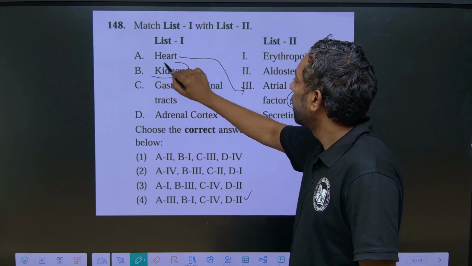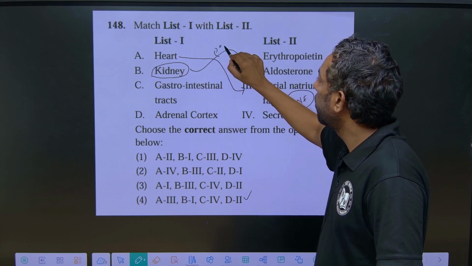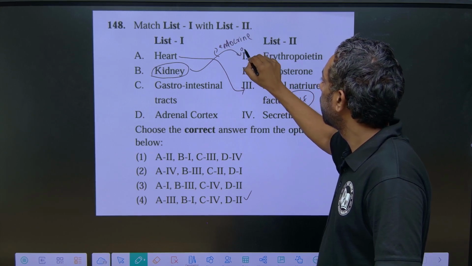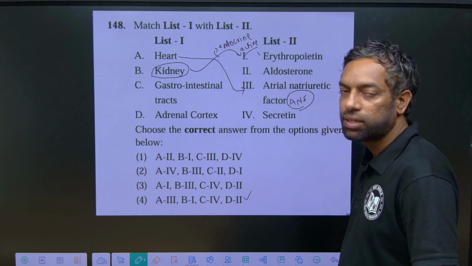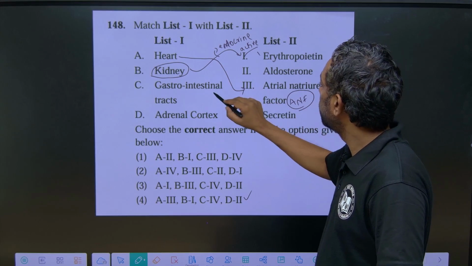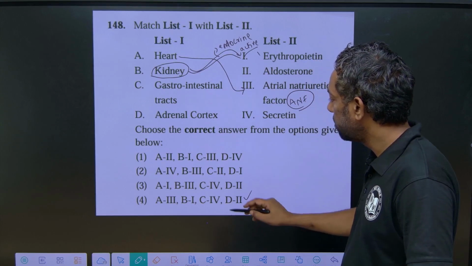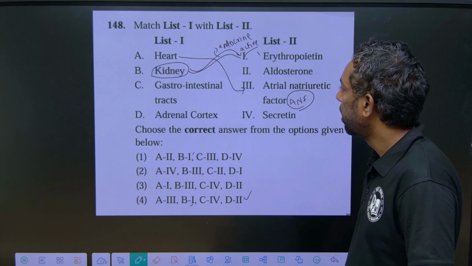If you don't know, kidney is erythropoietin. Of course, the kidney has endocrine activity. Erythropoietin produces erythrocytes. So B is 1.